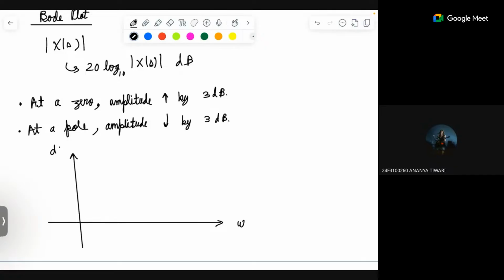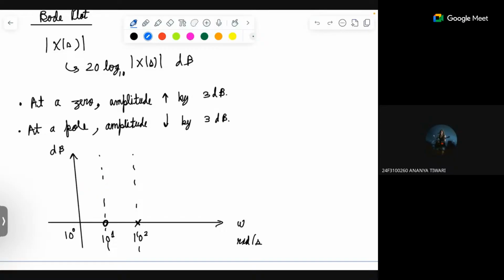This is the amplitude in dB. This is 10 raised to the power of 0. I have a zero at the frequency 10 raised to the power of 1, and a pole at frequency 10 raised to the power of 2. These are in radians per second. Suppose this was my initial amplitude.